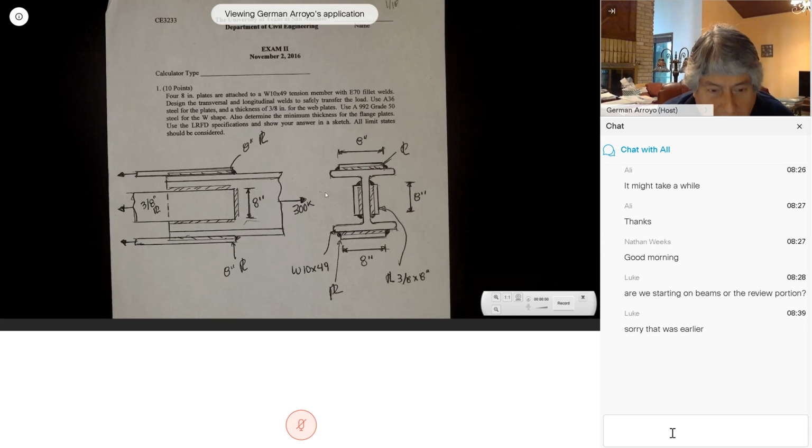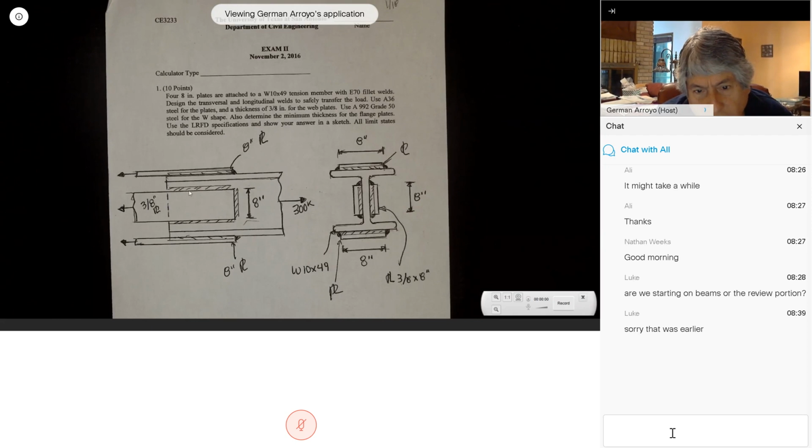This load has to be transferred. This is the end of this girder, it goes all the way to the right. There's another one on the left-hand side that is not shown, but this is the end of the girder. So the load is transferred, some load by the web, some load by the flanges.